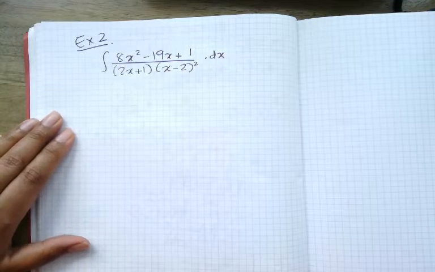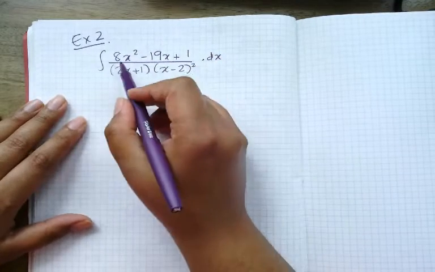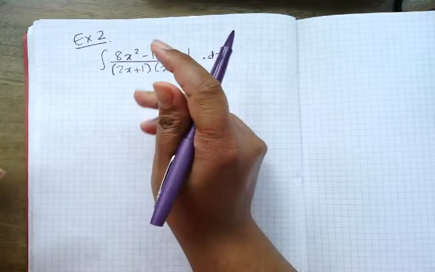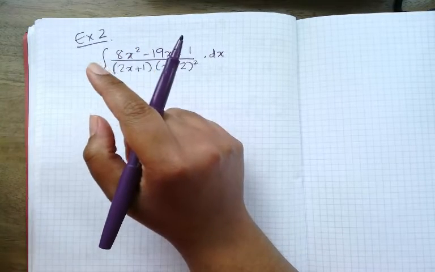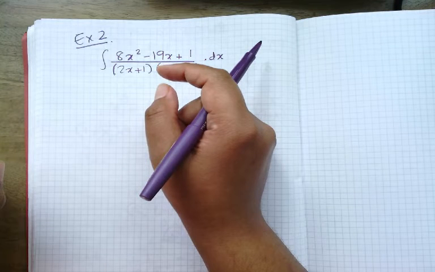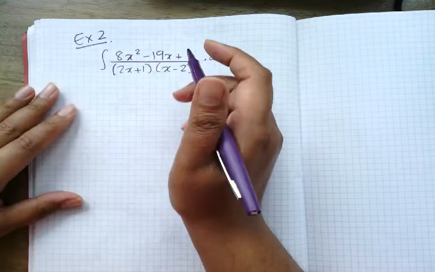Example 2, and I've got this question here. Now in this part of your exercise 11.7, you're actually doing quite a lot of revision for the partial fractions chapter.